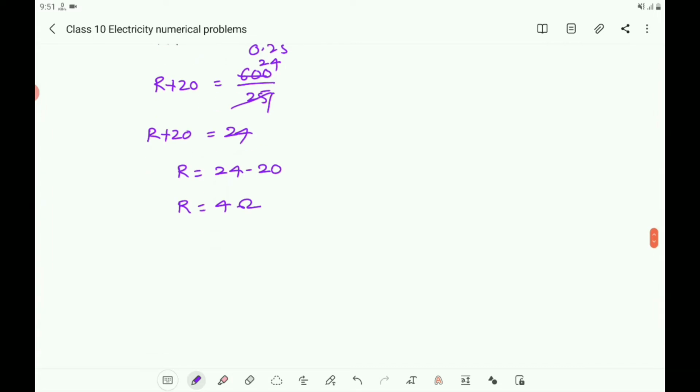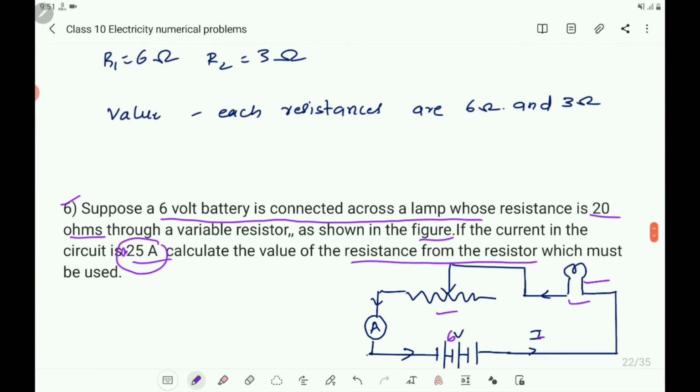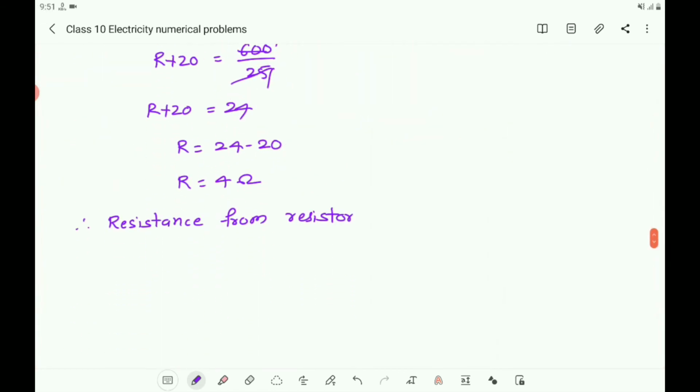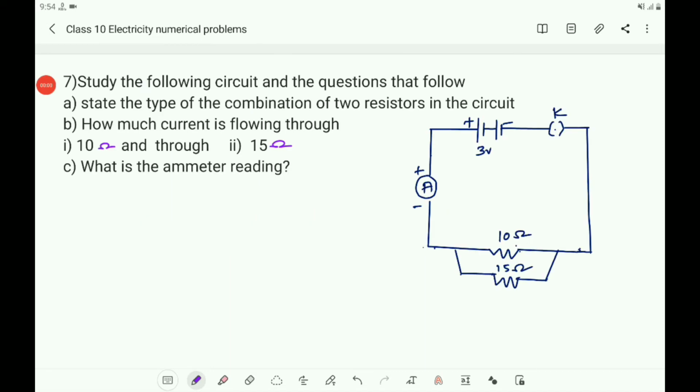Therefore, the value of the resistance from the resistor, you have to write, resistance from the resistor is 4 ohm.